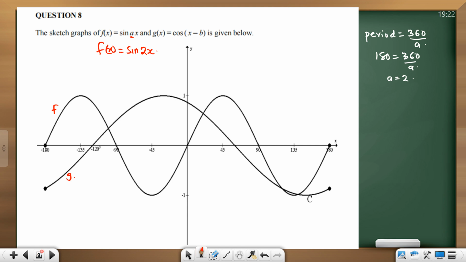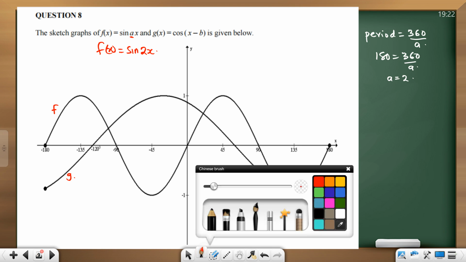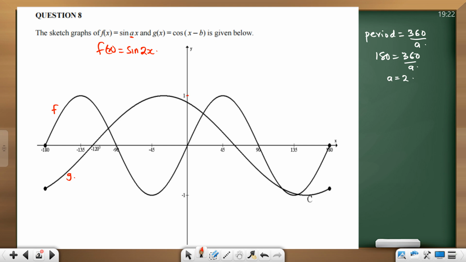Let's deal with g(x). This is nice. g(x), the graph has shifted. You need to understand, please get back to grade 10 and draw a normal cos graph. A normal cos graph should have passed through this point, because cos 0 is 1. But check something, my beautiful learners. Do you notice this graph? A normal cos graph should have come this way, and turn here, and go to 90.